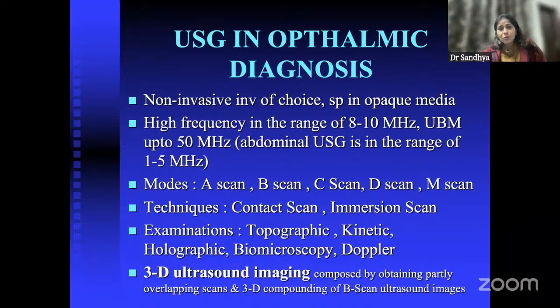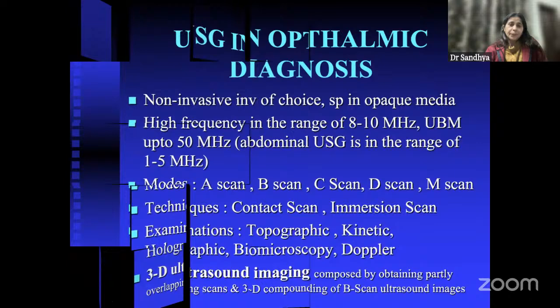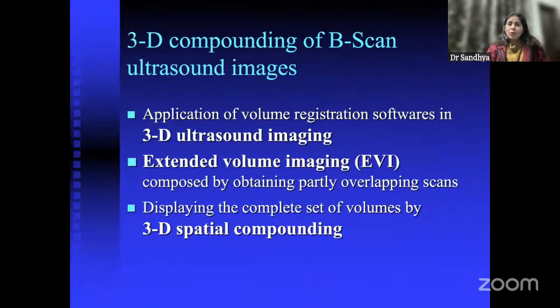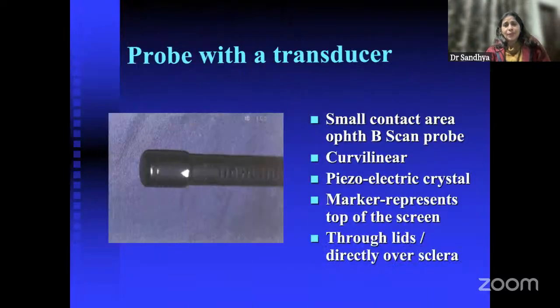I will tell you what these scans are later in my slides. Then there are 3D ultrasound imaging and compounding of different modes and scans, where some software makes a 3D picture. These are all advanced things, especially now with artificial intelligence coming up. These are just newer advances. But when we come down to the basics, we are doing a simple B scan, so that is what we will discuss today in our class.